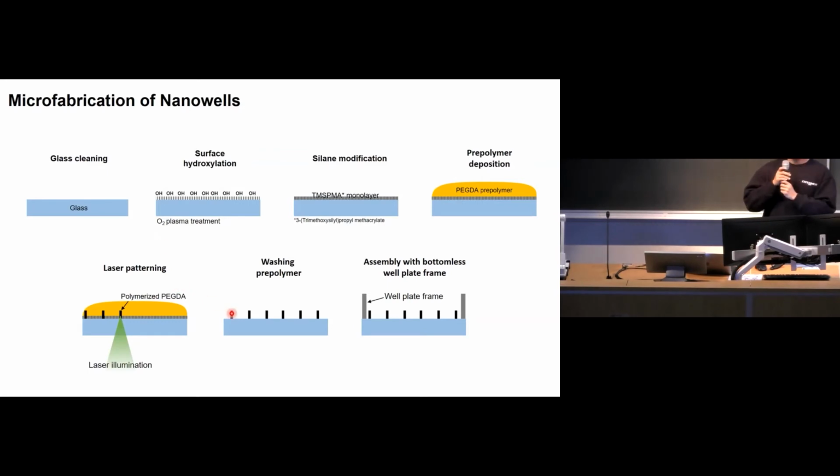And then after properly cleaning the uncured pre-polymer, we can assemble those fabricated nanowells to the commercially provided bottomless well plate. So we can have the nanowell inside the microwell.